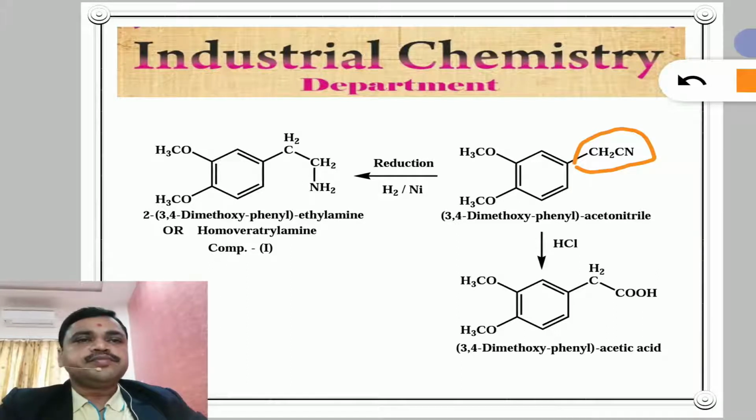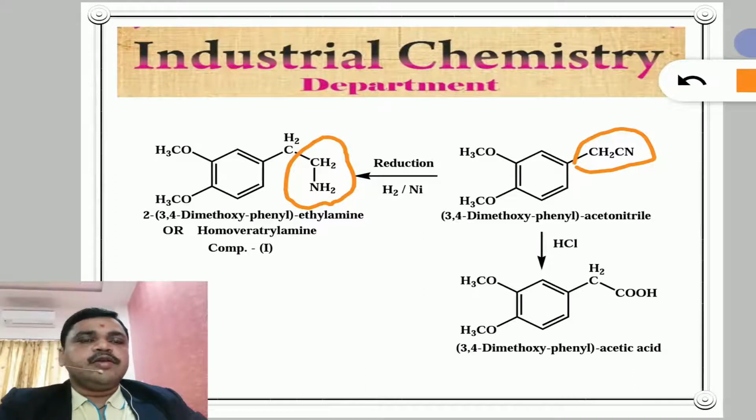Here 4 moles of hydrogen are introduced and CN is converted into CH2NH2. So after reduction we get 3,4-dimethoxyphenyl ethylamine, or homoveratrylamine. It is our compound number 1.